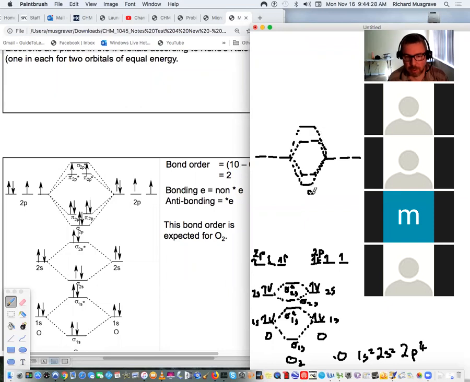Now the bottom one here is the sigma 2p. And these 2 here are the 2 possible pi 2p situations. So we can have one along the x-axis, one along the y-axis. And that's going to be these 2 here.